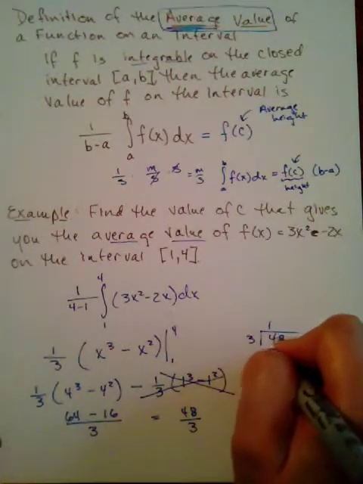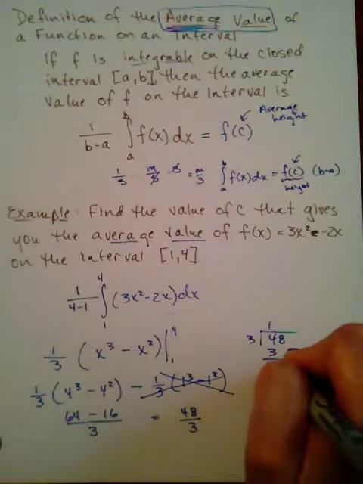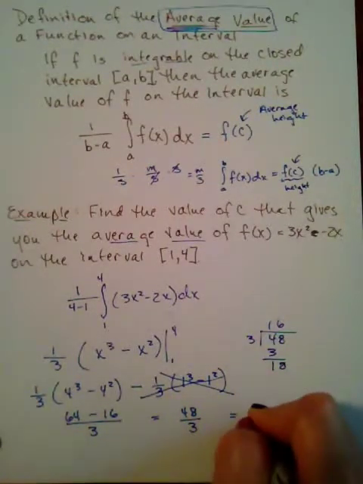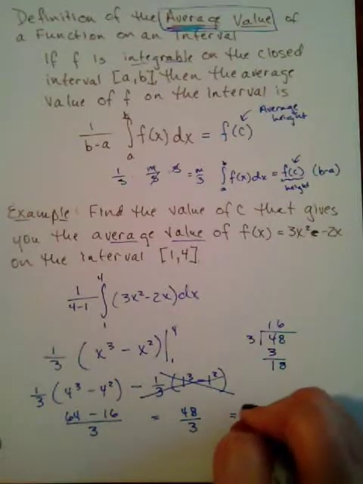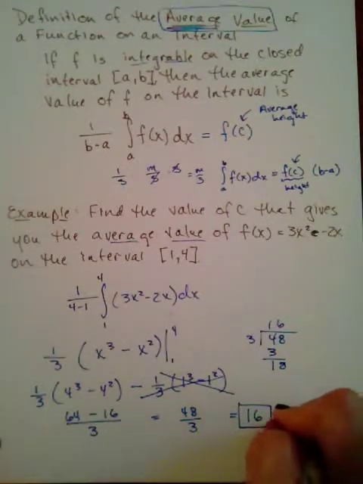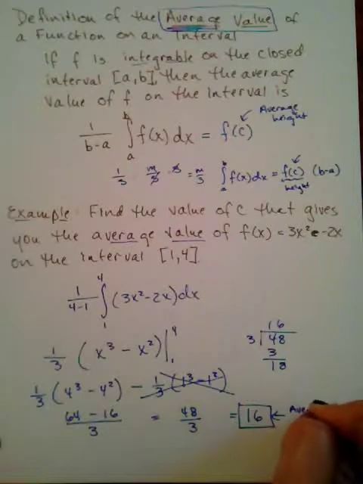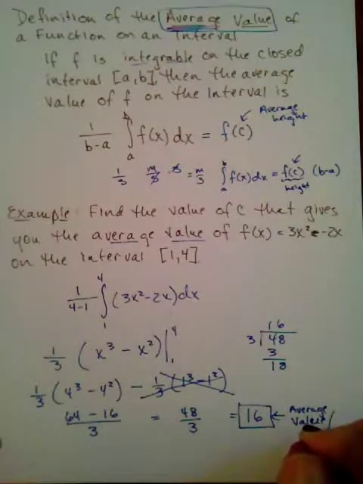But we've got 3, yep, and it is equal to 16. So this is the actual average value. It's not your final answer, but this is the average value or average height of the function.